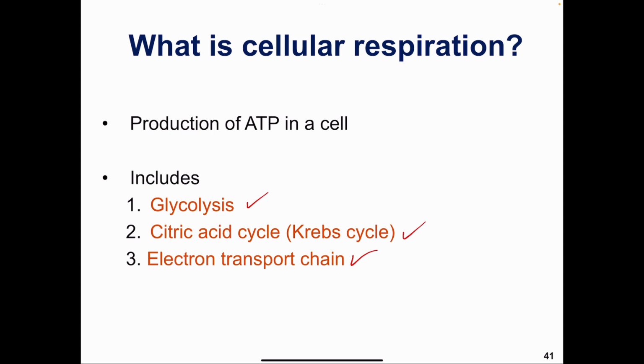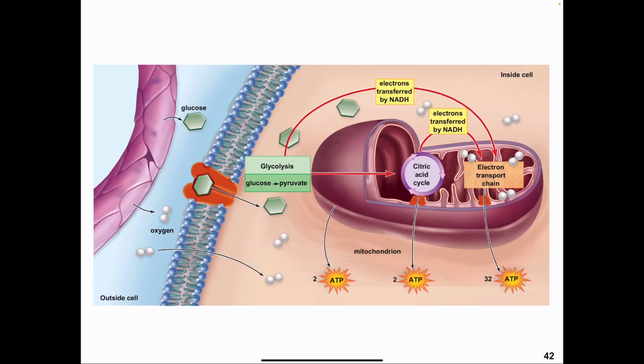In every single stage, you have production of ATP. The only thing is going to be how much ATP, right? That's something we are going to take a look at.